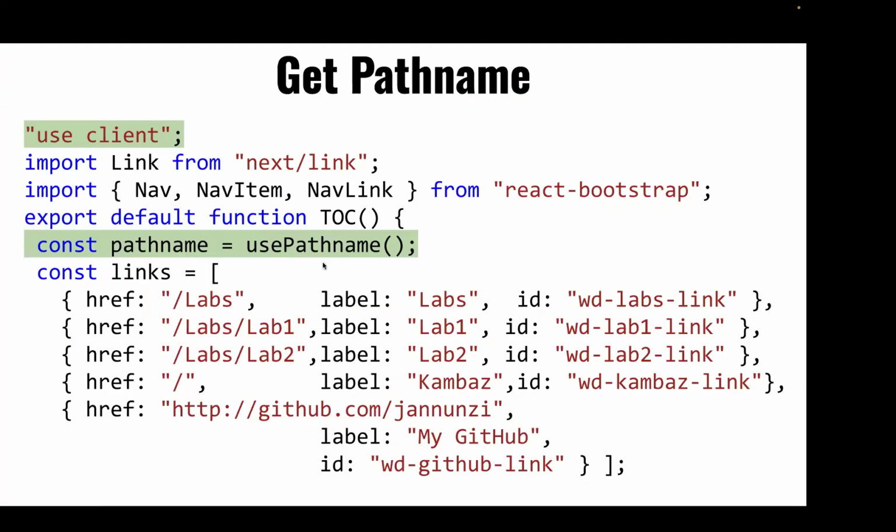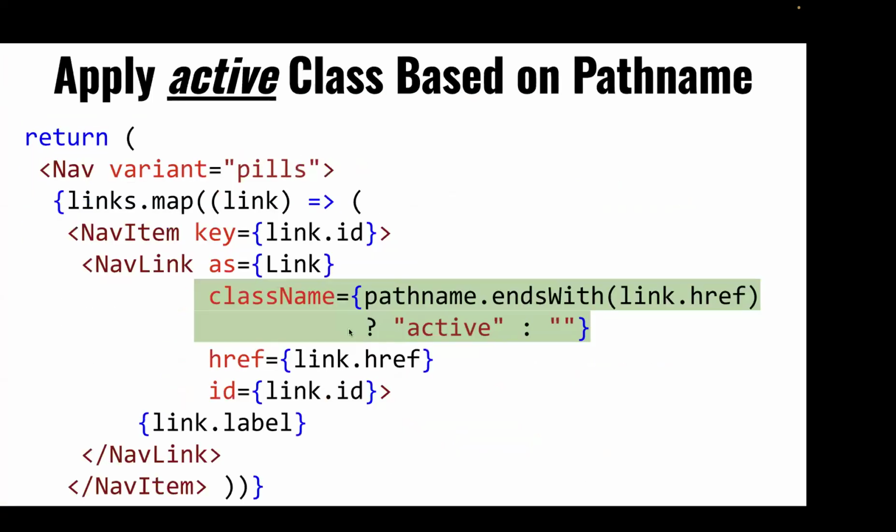We can then use the path name to determine what links we want to highlight. For instance, we can add a class name in there that checks to see if each one of the href ends with the path name. If the path name ends with the href, then we apply the active class and it'll highlight it.